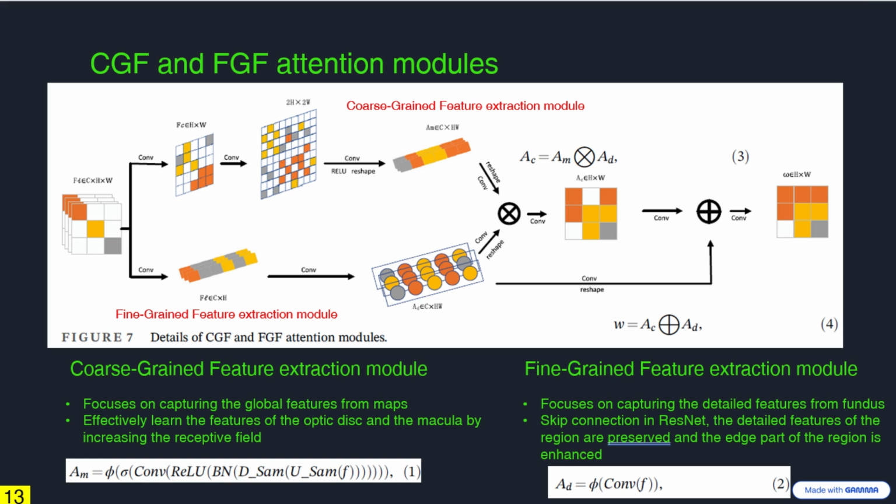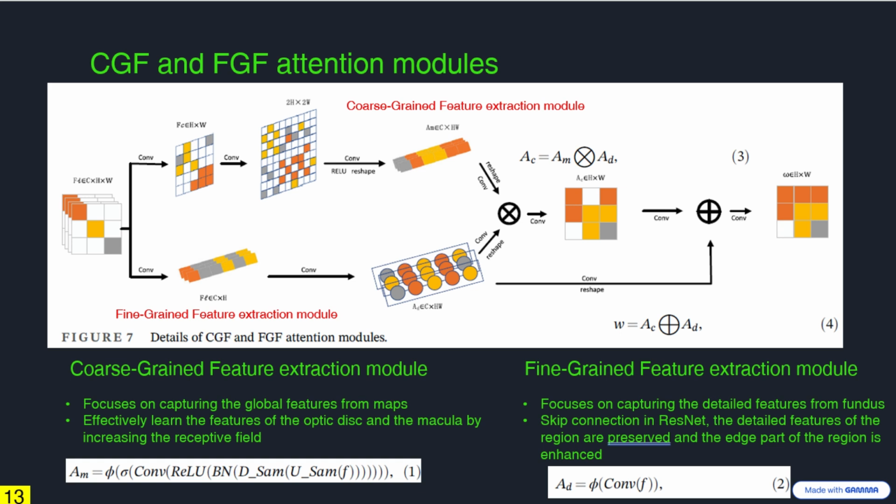The backbone outputs feature maps of size C times H times W. This becomes 4 times C times H times W with the 2x upsampling operation. This method can increase the receptive field of the optic disc and the macula and can identify the area more accurately. And finally, we can rewrite this formula as this: AM, phi, convolution, and also ReLU and batch normalization here.